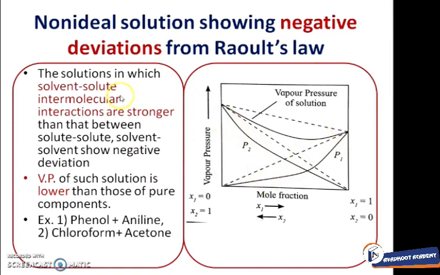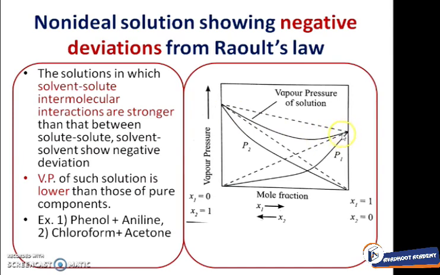But as the intermolecular force of attraction between solvent and solute is stronger than the forces between solute-solute and solvent-solvent before formation of the solution, their vapor pressure is actually lower. So the total pressure after preparation of the solution is lower than the ideal total pressure, and therefore it shows negative deviation.